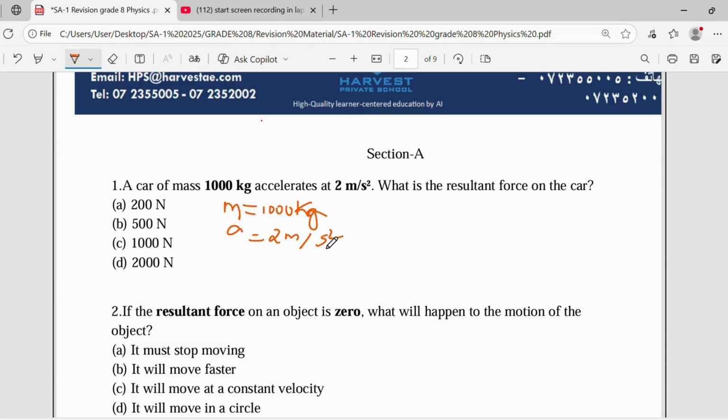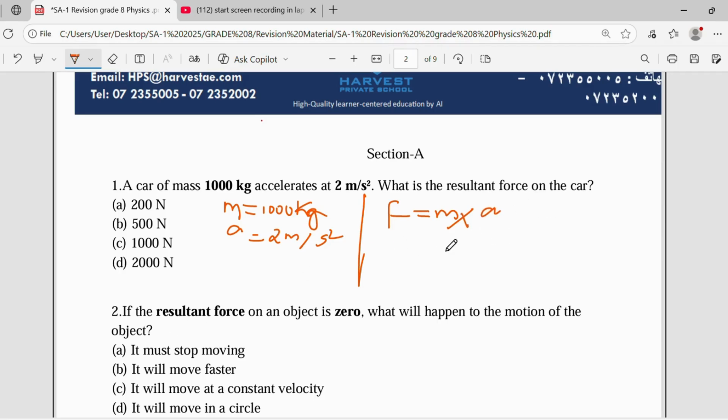Alright, what is the resultant force? The formula for the resultant force, or the force, is F equals mass times the acceleration.